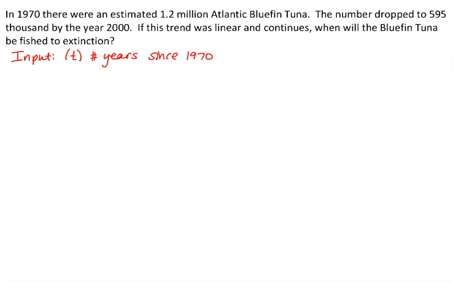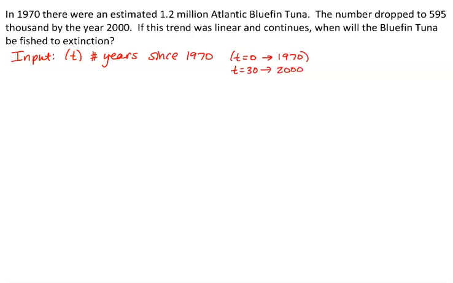So t equals 0 corresponds to 1970, t equals 1 would be 1971, and so on. So for the year 2000, we'd use t equals 30.